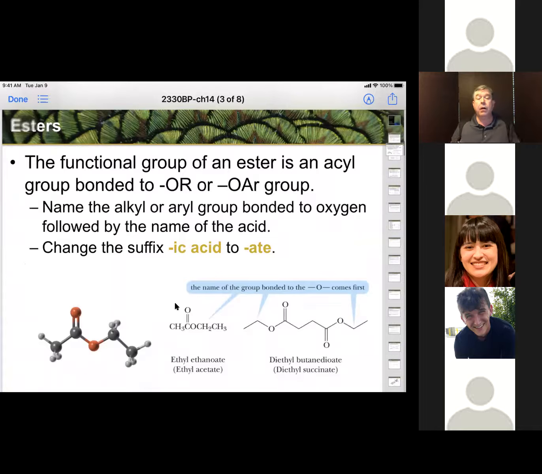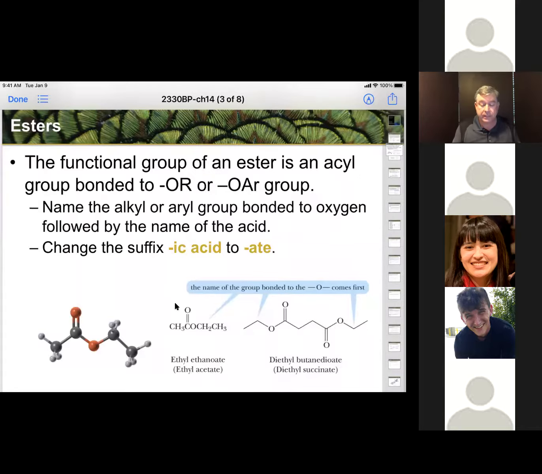The esters are a little bit different to name because you're going to name it for the carboxylic acid, but then you also have to keep track of the alcohol it's made of. Now it's no longer an acid, so we're going to drop the ic acid. Again, we're keeping the O, and we're adding the word ate. Ate describes something that's a salt or an ester.